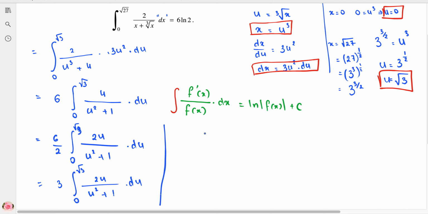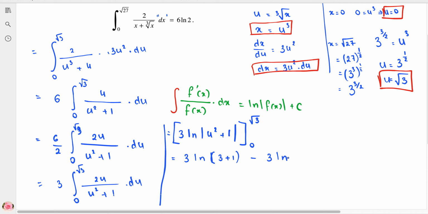So we can rewrite this as 3 ln of u squared plus 1. We have to substitute the limits in now, 0 and root 3. Substituting the limits, we get 3 ln of root 3 squared plus 1, which is 3 plus 1, minus 3 ln of 0 plus 1.